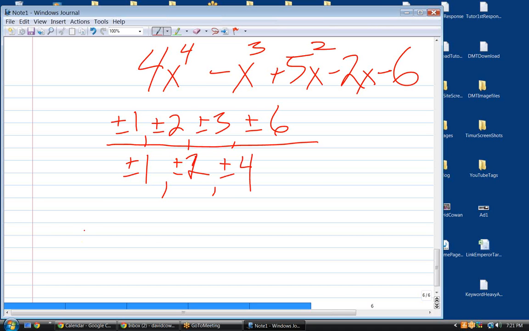And possible rational factors. Plus or minus 1, plus or minus 2, plus or minus 3, plus or minus 6. Plus or minus 1 over 2, plus or minus 3 over 2.